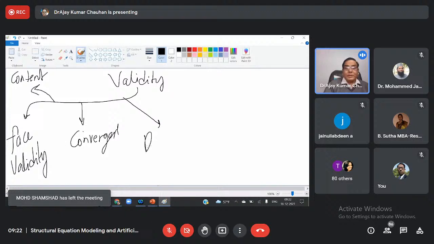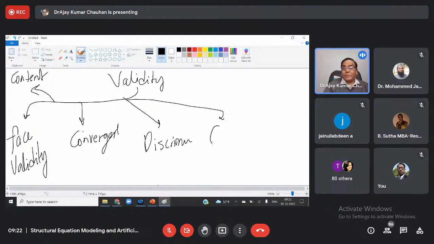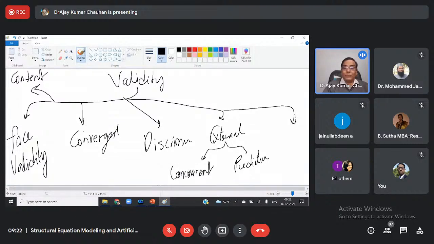Then you have to check the discriminant validity. Then you have to check the external validity, or external validity out of two types: concurrent validity and predictive validity. And then in the last, you have to talk about the nomological validity. So all these types of validity we have to discuss in the paper.